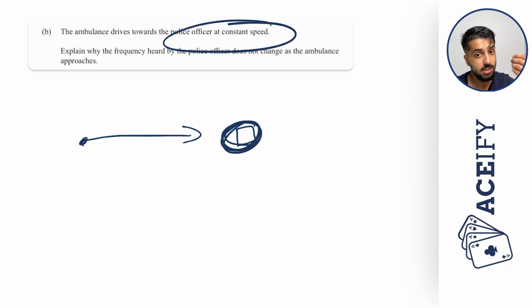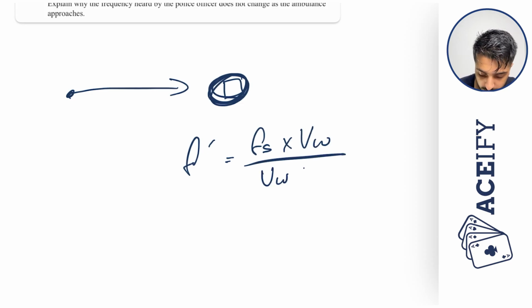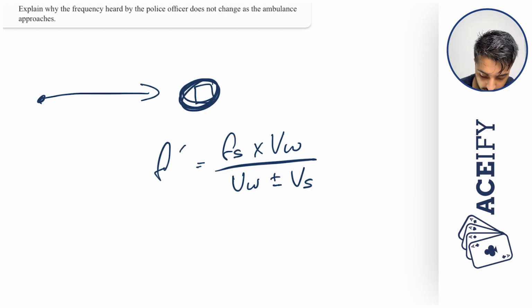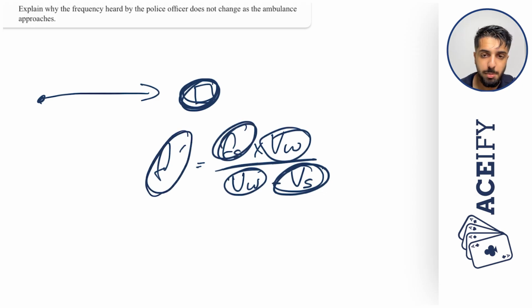So the ambulance is moving at a constant speed towards the police officer. And we know our Doppler equation is F dash is equal to the source frequency times the velocity of the wave over the velocity of the wave plus or minus the velocity of the source. Now we're on approach, so this is going to be a minus. If the source velocity is constant, the wave velocity is constant, and the source velocity is also constant, we can see that the Doppler remains constant.